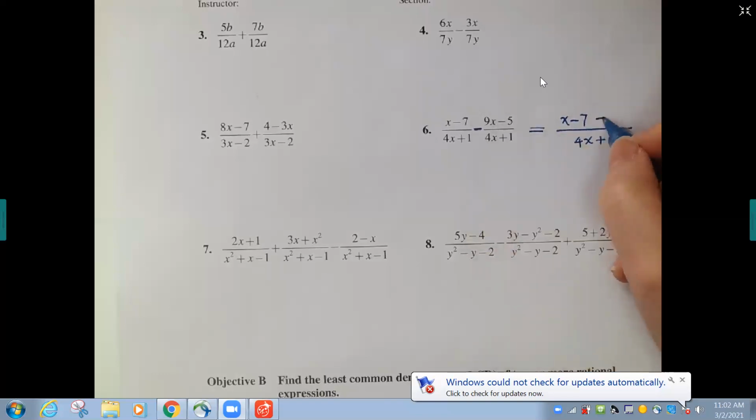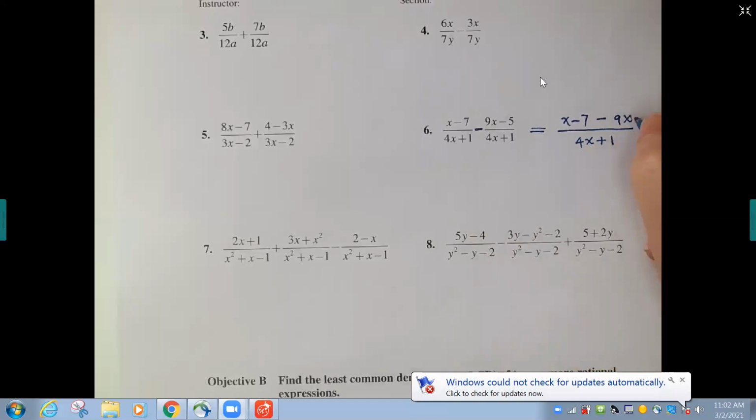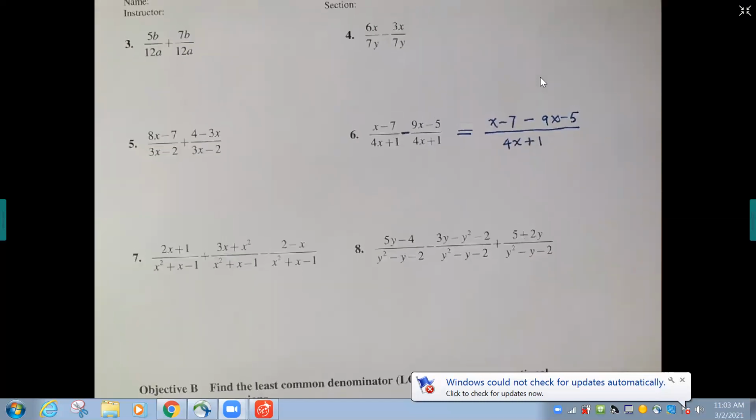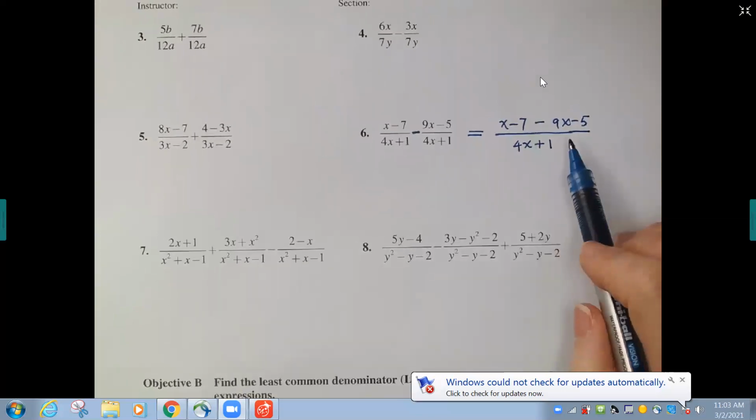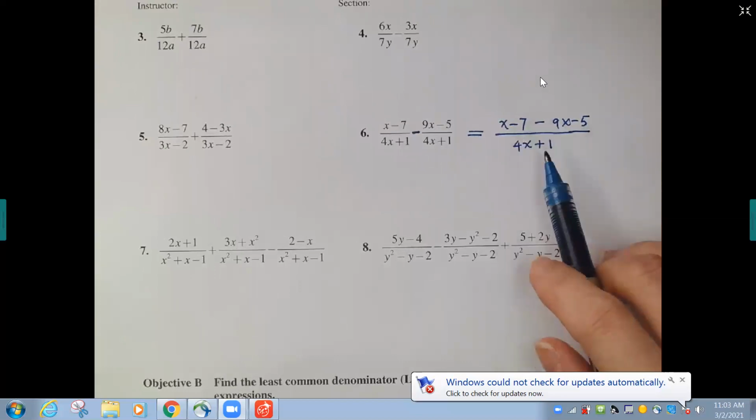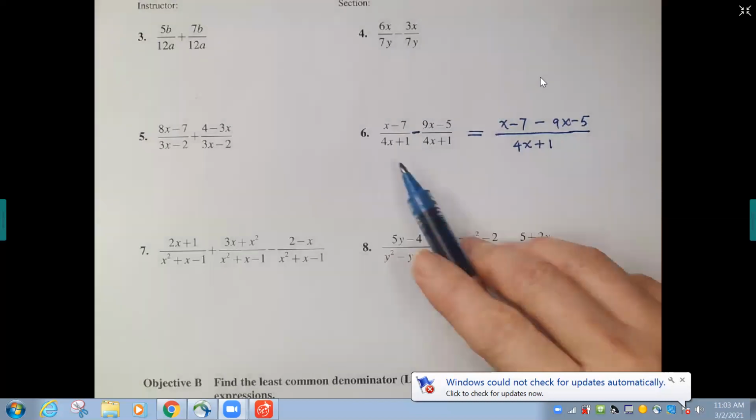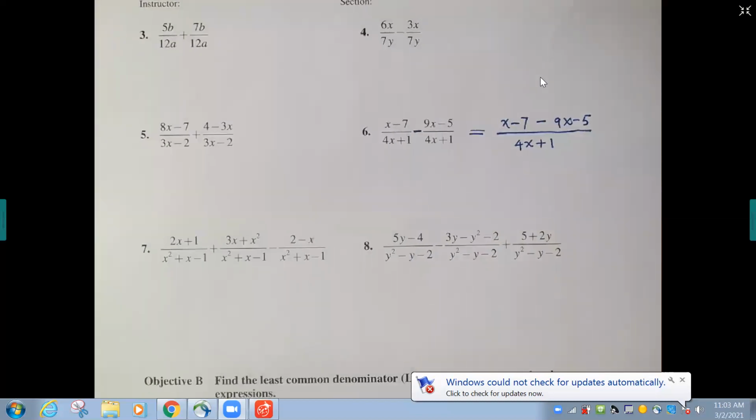Subtract the second numerator, 9x minus 5. Okay, so what I want to show you here, did I get the right way to write down the subtraction? The answer is no. If I write the operation in this way, I will get a totally wrong answer.